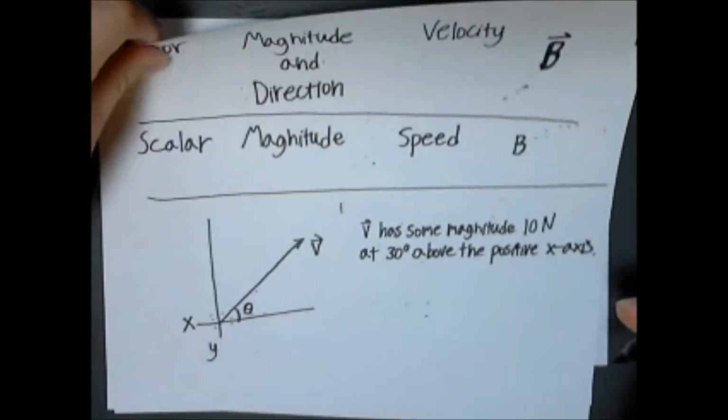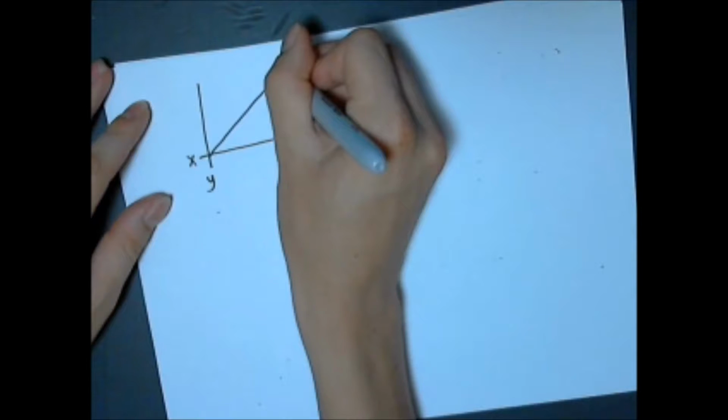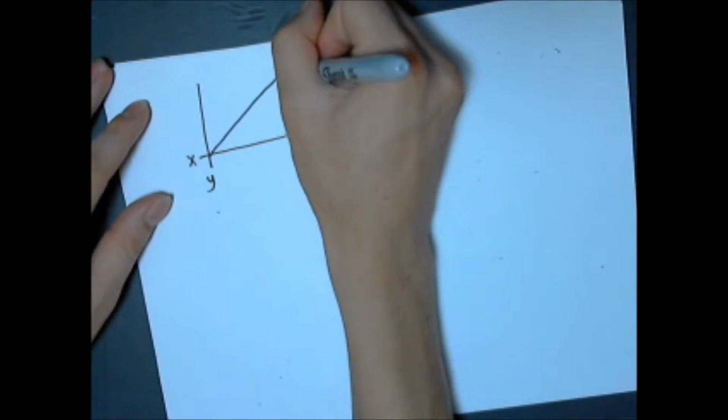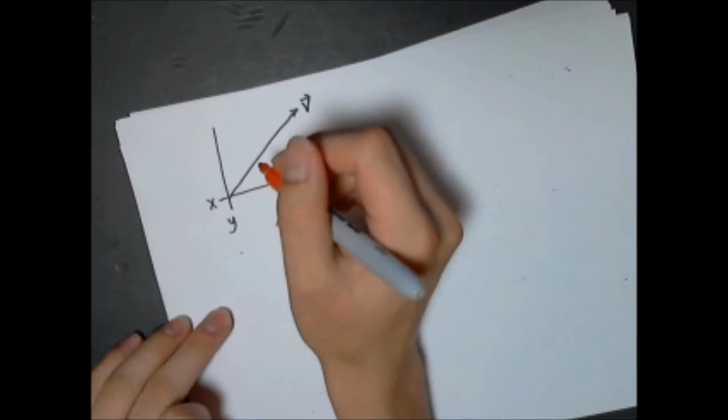Now, let's talk about a very important concept of vectors. Let me just redraw vector v over here. Have y, x, and vector v. Vectors can be resolved into what are called components.